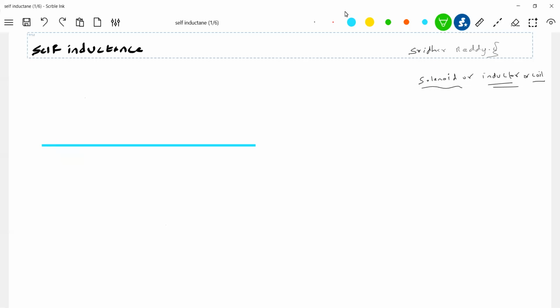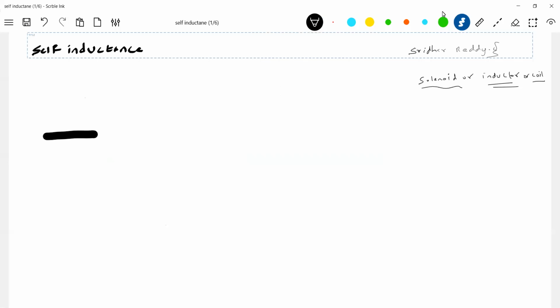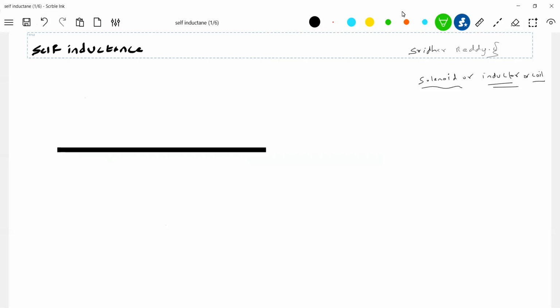Round turns. Just let me try again. First time I'm drawing with colors, I'm finding it difficult.